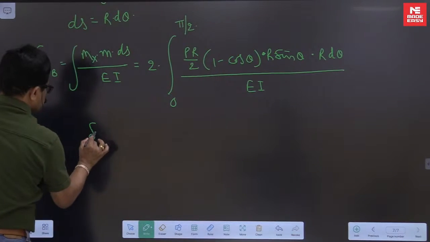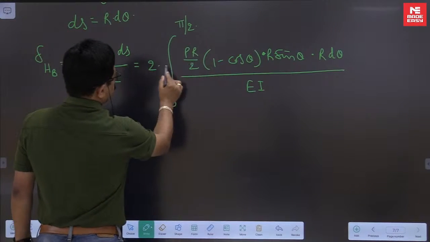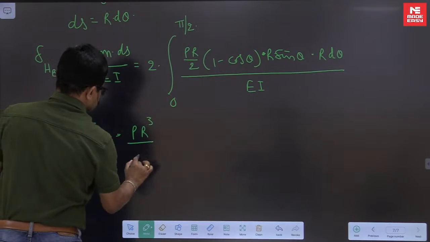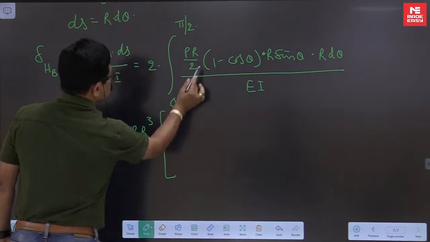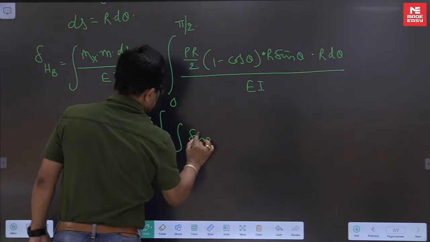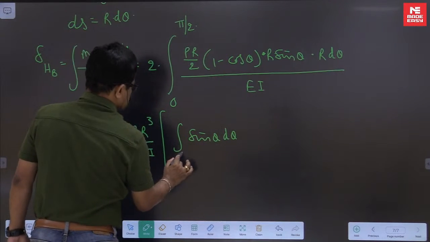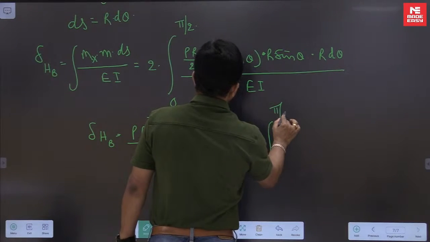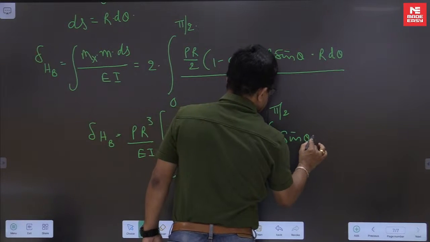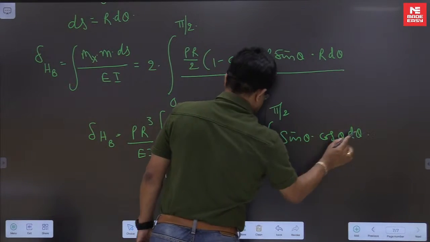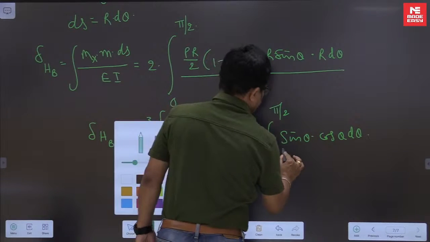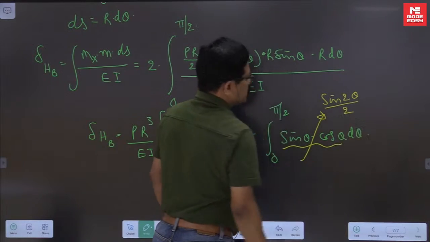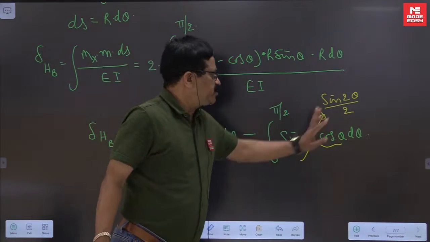So you will get, 2 cancels out, PR cube by EI. Integral of sin theta d theta from 0 to pi by 2, minus integral 0 to pi by 2 of sin theta cos theta. Sin theta cos theta we know how to write. Sin 2 theta is 2 sin theta cos theta, so by 2 we will write it.